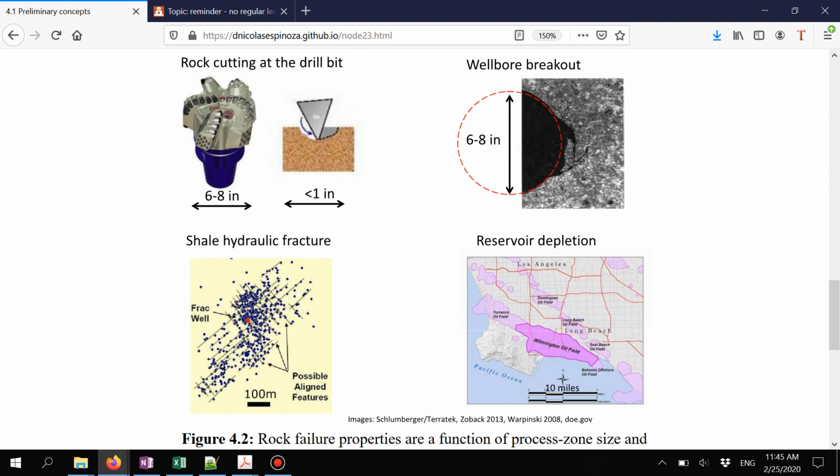So we're talking about a geomechanical process or a failure process that is in this case of a few miles, which is a lot bigger than what we see in the other images. And the size of the problem that we're interested in is what is going to define our failure properties.